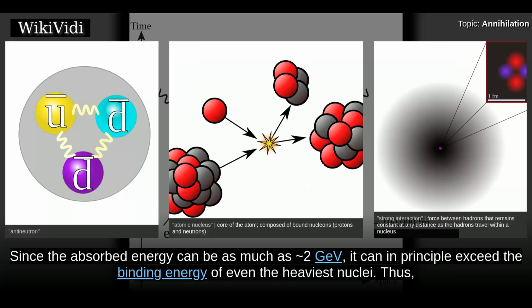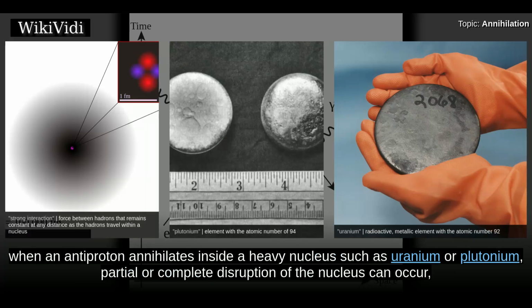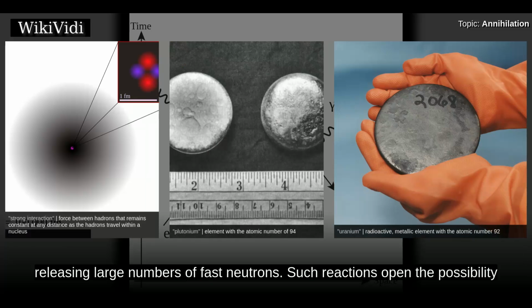Since the absorbed energy can be as much as 2 gigaelectronvolts, it can in principle exceed the binding energy of even the heaviest nuclei. Thus, when an antiproton annihilates inside a heavy nucleus such as uranium or plutonium, partial or complete disruption of the nucleus can occur, releasing large numbers of fast neutrons.